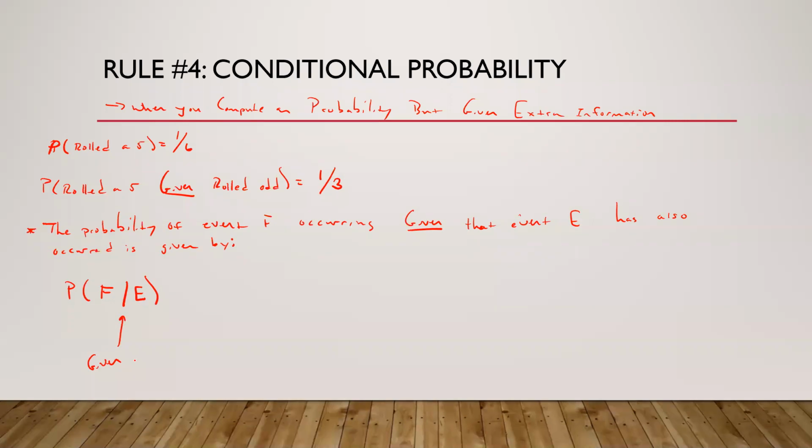So I want to find the probability of event F, and you're told, hey, wait a second, event E just happened. It's actually a pretty simple formula.